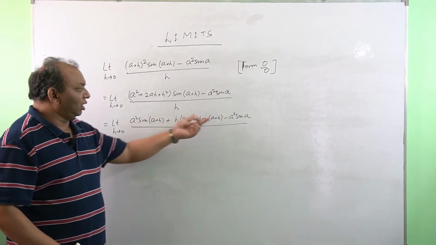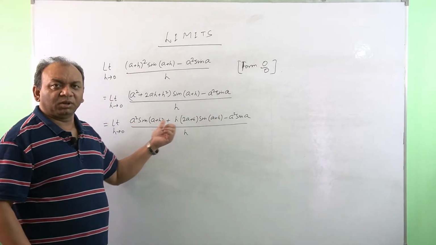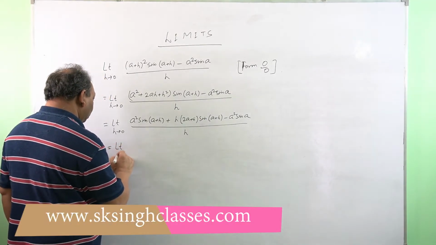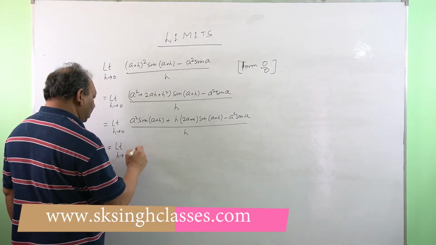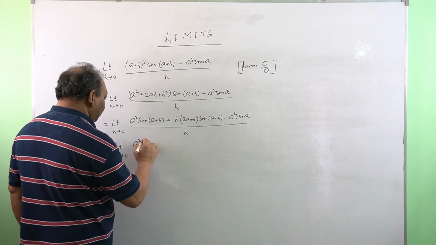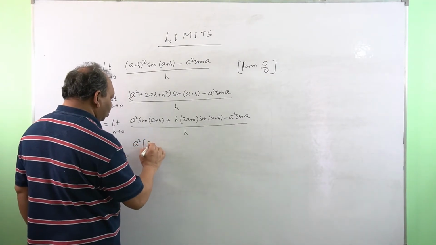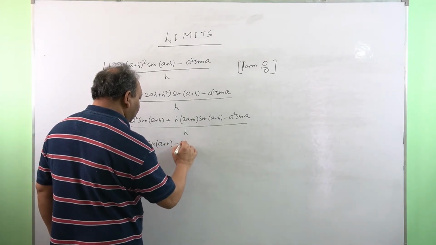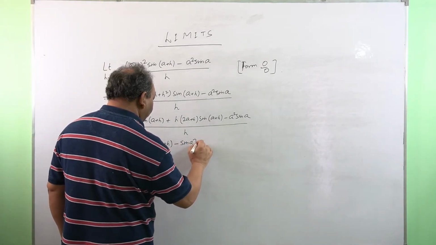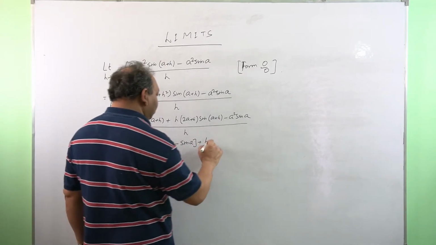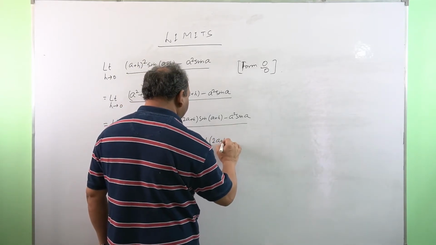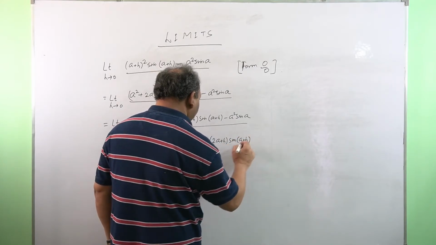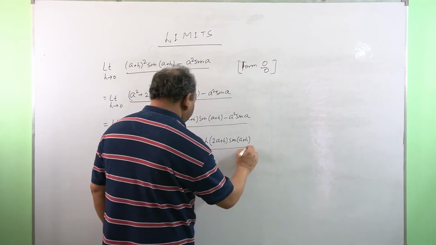From the first and last term we can take common a². So take common a² from the first and last term. Then it becomes a² into [sin(a + h) minus sin a] plus h(2a + h) sin(a + h), divided by h.